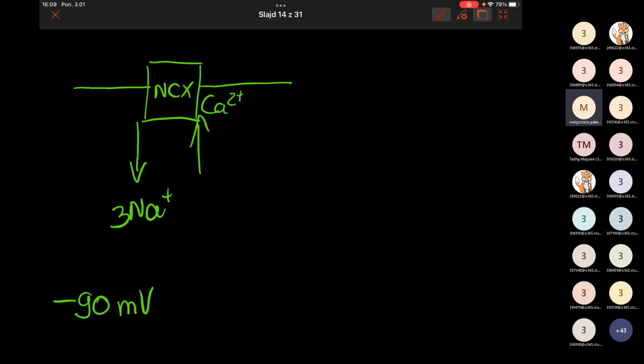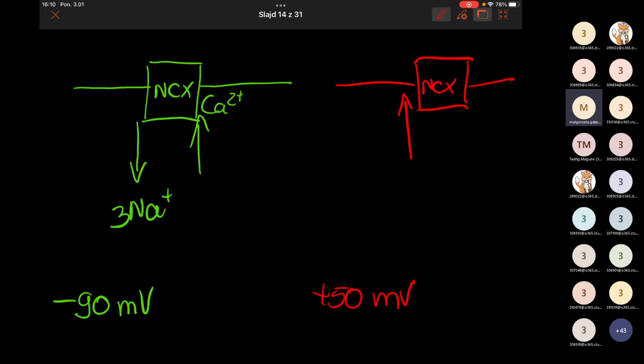When the membrane potential is more positive, let's say around plus 50 millivolts, the electrochemical driving force for sodium ions has a different direction. It is directed out of the cell.